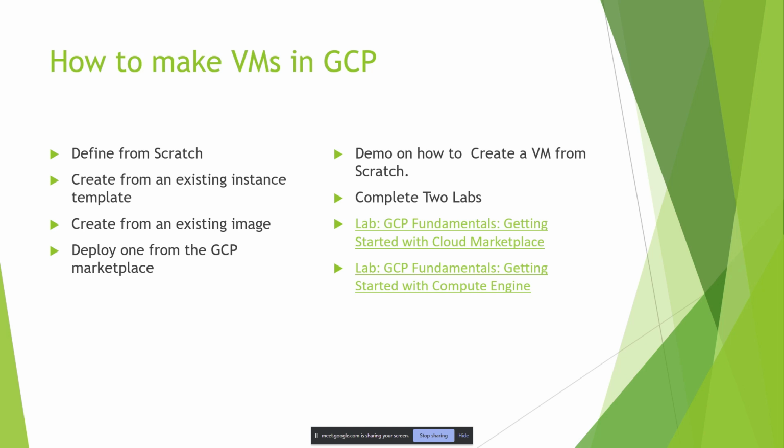We will get there. But on a high level, these are the ways you need to understand. You can create them from scratch, from an existing instance template, from an existing image, or you can deploy one from the marketplace. And I think that is the first lab all of us went through, if you went through the program.